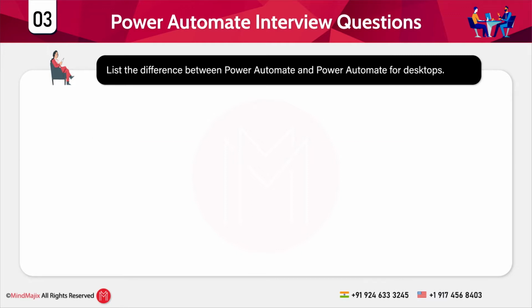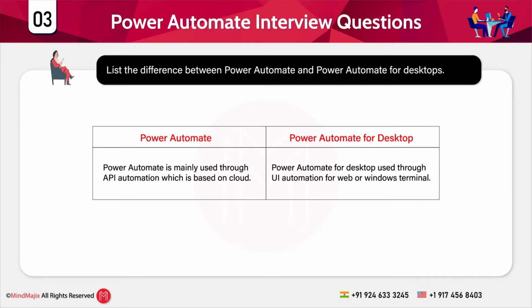Power Automate is mainly used for API automation, which is cloud based. Power Automate for desktop is used for UI automation for web or Windows terminal. This is the key difference between the two.